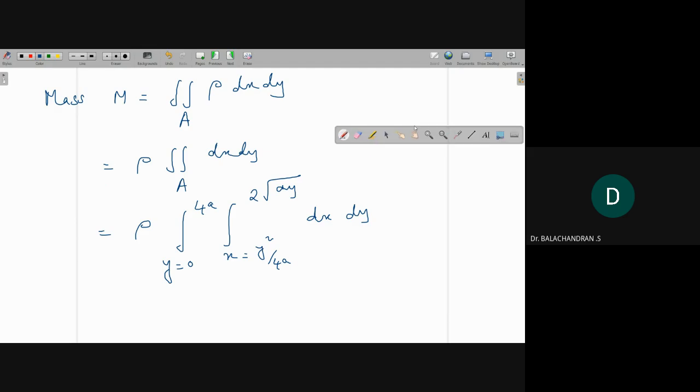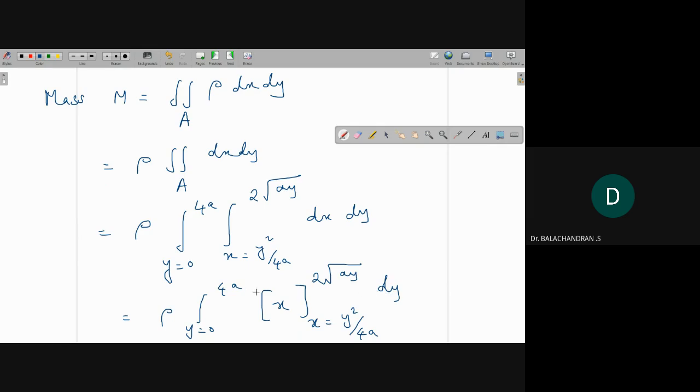Anybody got the answer for rho in terms of m? You can try. Rho into integral y equal to 0 to 4a. If you integrate dx, you'll get x, so x from y square by 4a to 2 root ay, into dy.